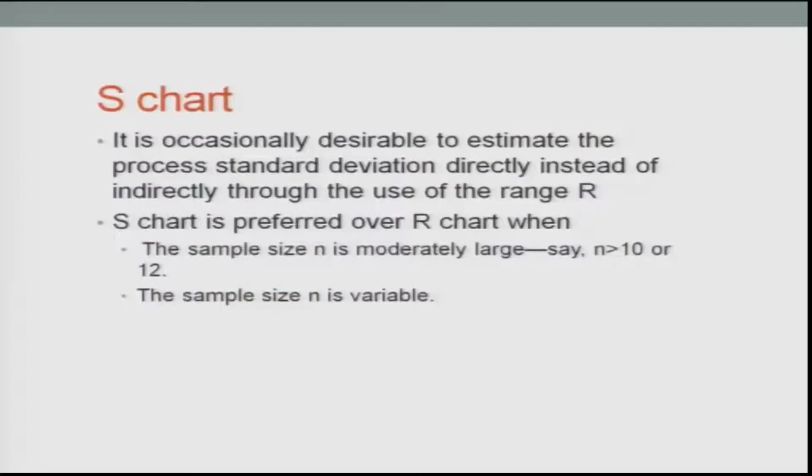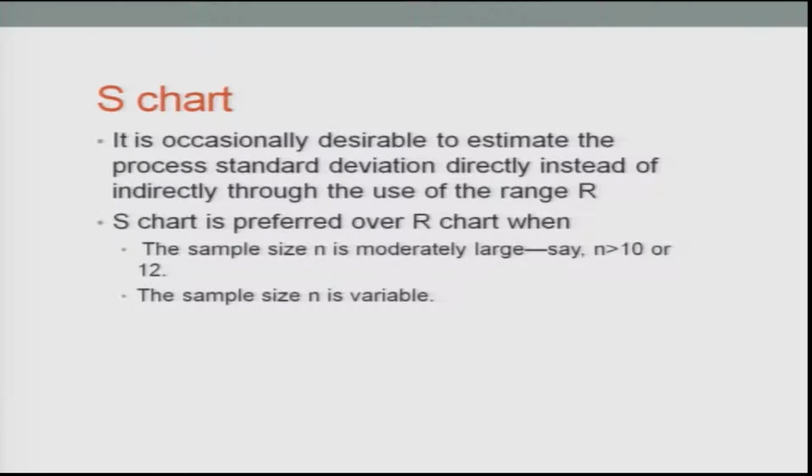It is occasionally desirable to estimate the process standard deviation directly instead of indirectly using the range. The S chart is favored over the R chart when the sample size n is moderately large, for example greater than 10 or 12, and when the sample size n is variable.